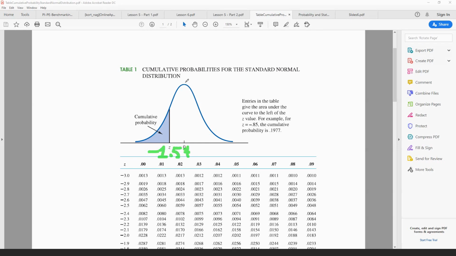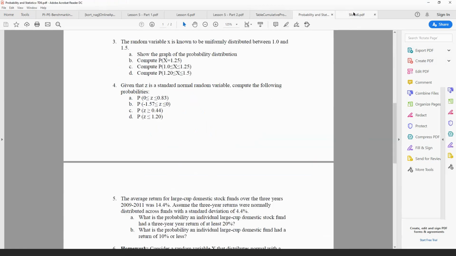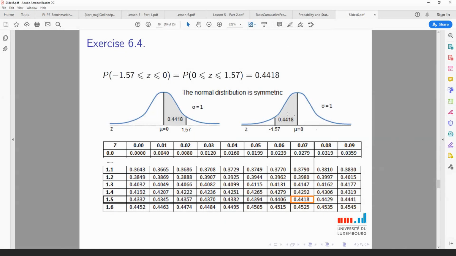And in our case, if I'm not mistaken, we are asked to find the area of a different zone. That's why even using the two-tailed table, we cannot get the answer immediately.